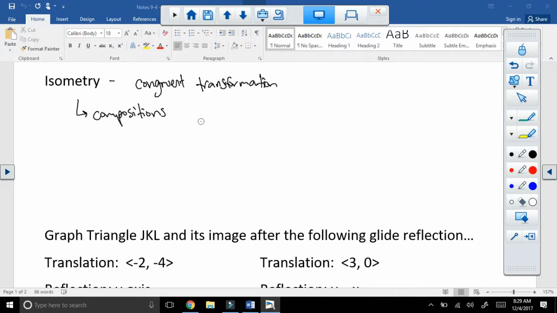So all 3 of your shapes, the pre-image, the image, and the final answer will all be congruent, and that's one way we can double check. So we're just going to go through a lot of examples now and see how these work. If you want to try to work ahead a little bit, that's fine. Just make sure you're double checking as we go.